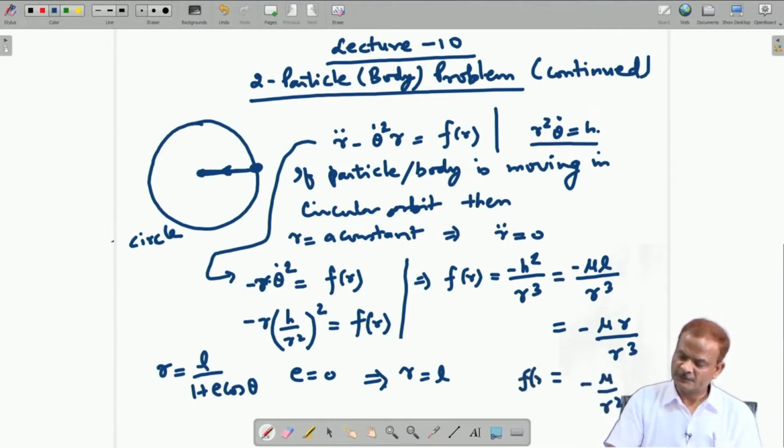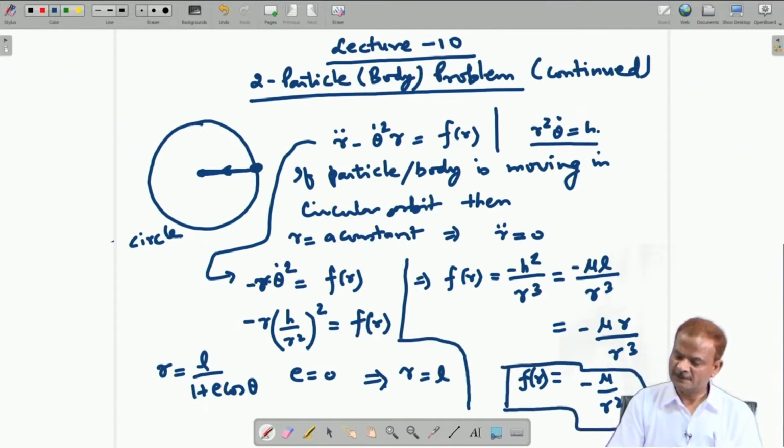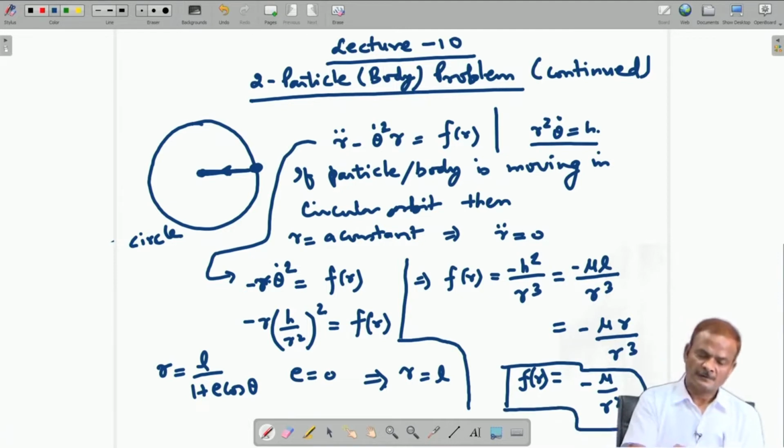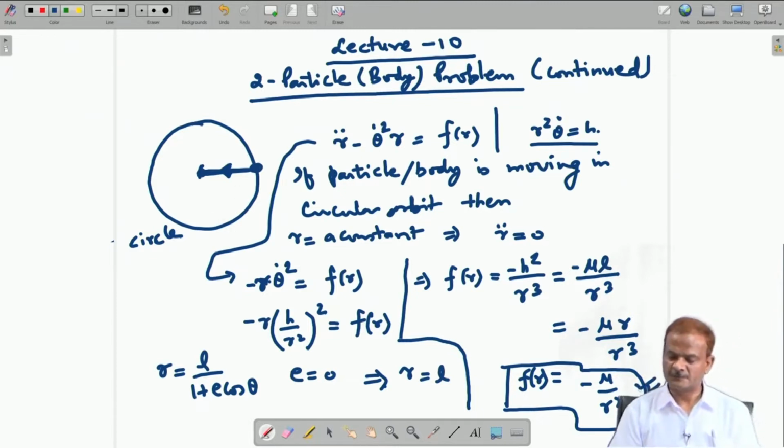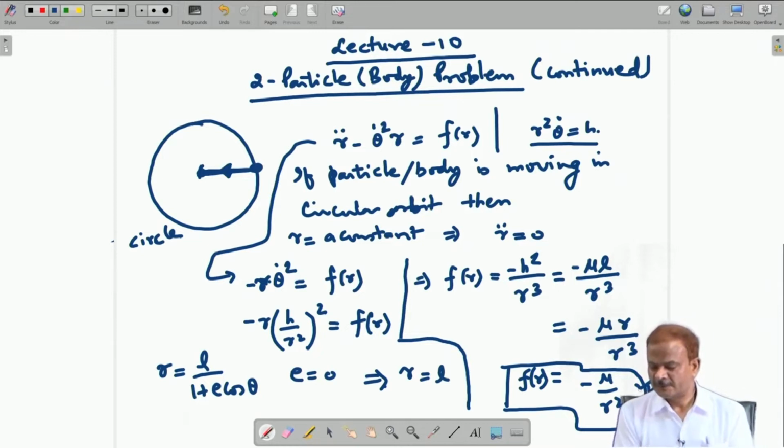This gets reduced to your usual inverse square law. That means if a particle is moving in a circle and the force is toward the center, that is bound to be the inverse square law, which is your gravitational force equation.